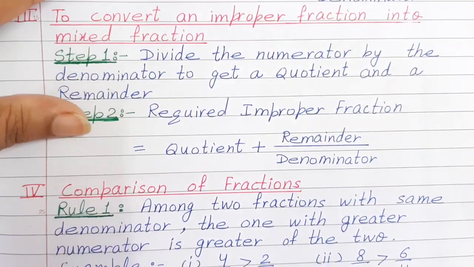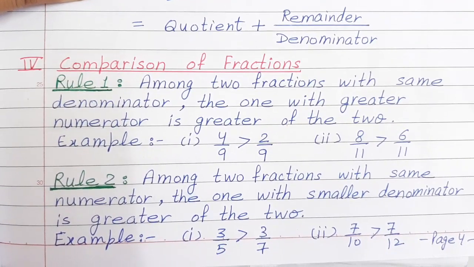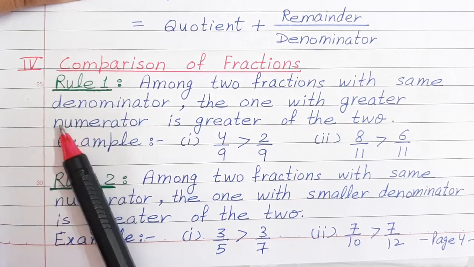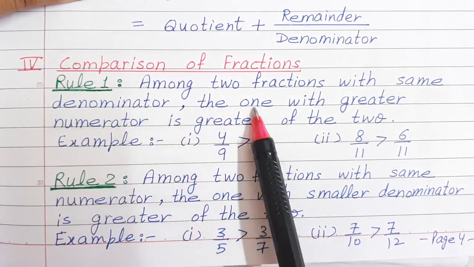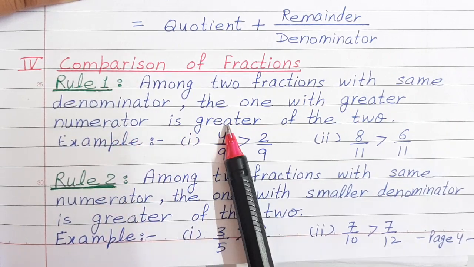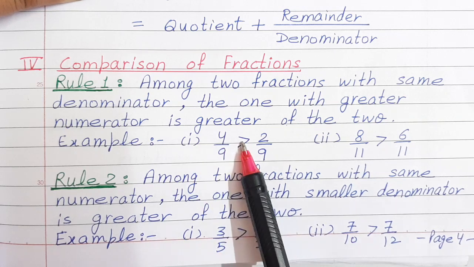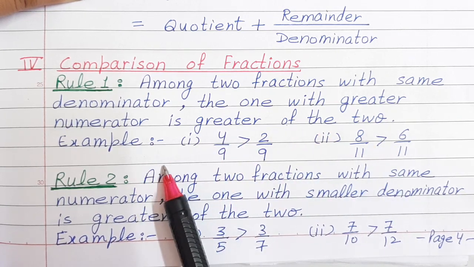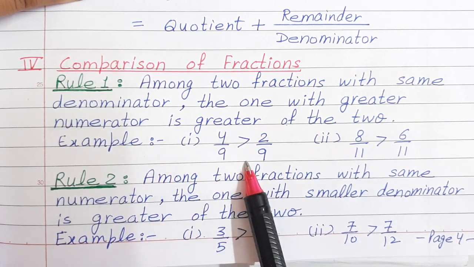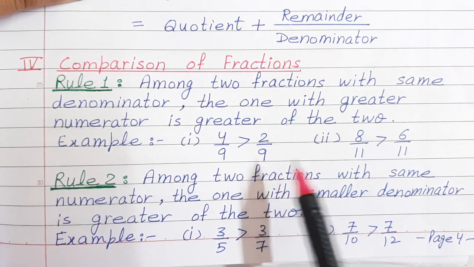Now children, let us discuss the comparison of two fractions. Rule 1 is among the two fractions with the same denominator, the one with greater numerator is greater of the two. For example, 4 upon 9 is greater than 2 upon 9.